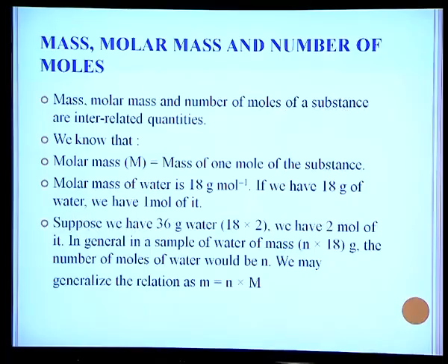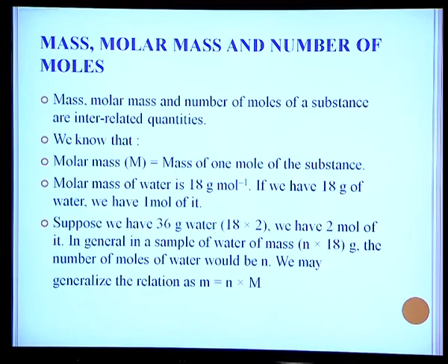Now we will find molar mass, then mass, molar mass and number of moles. The mass, molar mass and number of moles of a substance are interrelated quantities. We know that molar mass, capital M, is the mass of 1 mole of the substance. The molar mass of water is 18 gram per mole. If we have 18 gram of water, we have 1 mole of it.